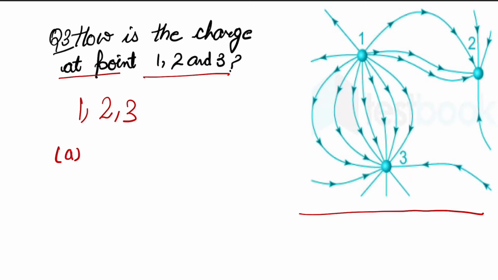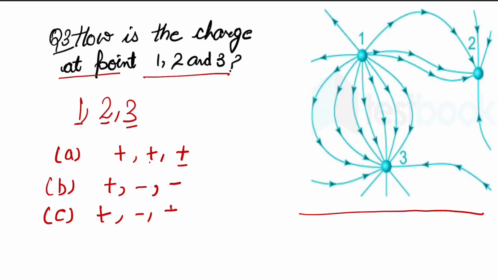The given options are plus, plus, plus, meaning charge 1 is positive, charge 2 is positive, and charge 3 is positive. The second option is plus, minus, minus. The third option is plus, minus, plus, and the fourth option is minus, minus, minus.